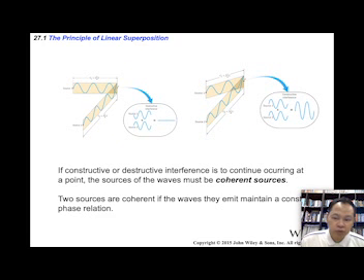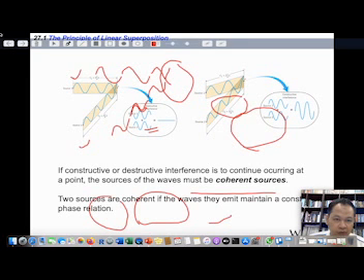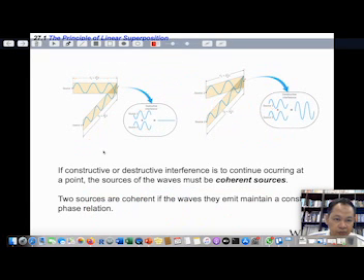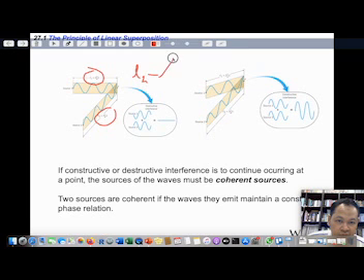Okay, so superposition means addition of two or more waves, and you can see here. If you look at this point, this plus this, or the difference L2 minus L1, how about the result?